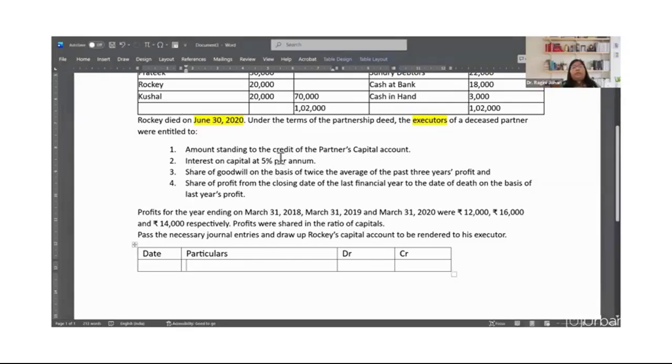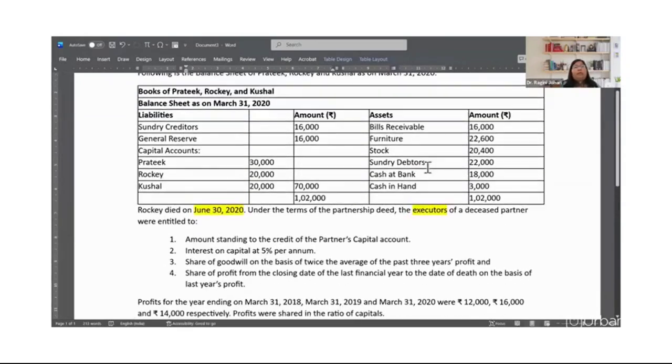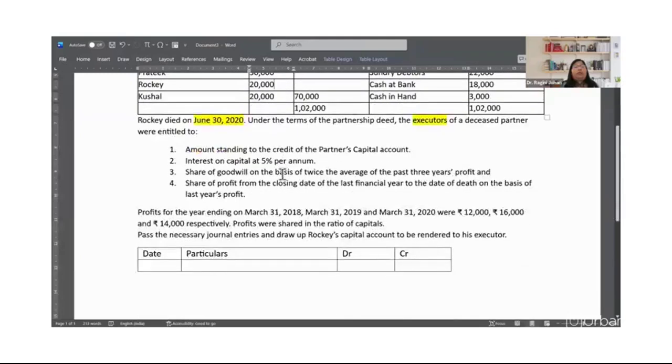First thing first, the amount standing to the credit of the partner's capital account. This will be directly posted to the partner's capital account. We are not supposed to make any journal entry.